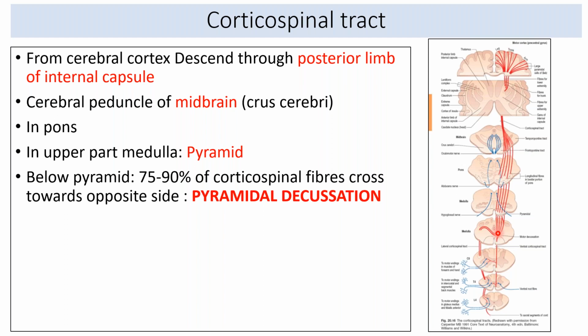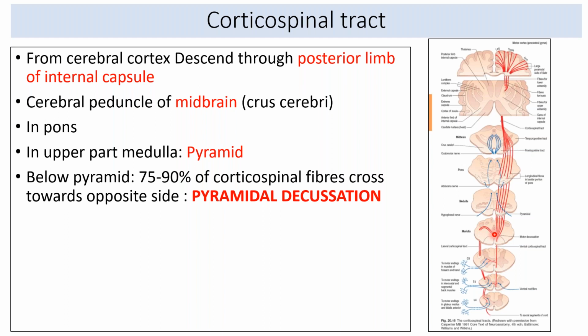These descending fibers, the majority of fibers, 70 to 90% of fibers, are going to cross to the opposite side and will turn posteriorly. And very few fibers, approximately 5%, will continue to descend down on the same side from the pyramid, into the spinal cord.